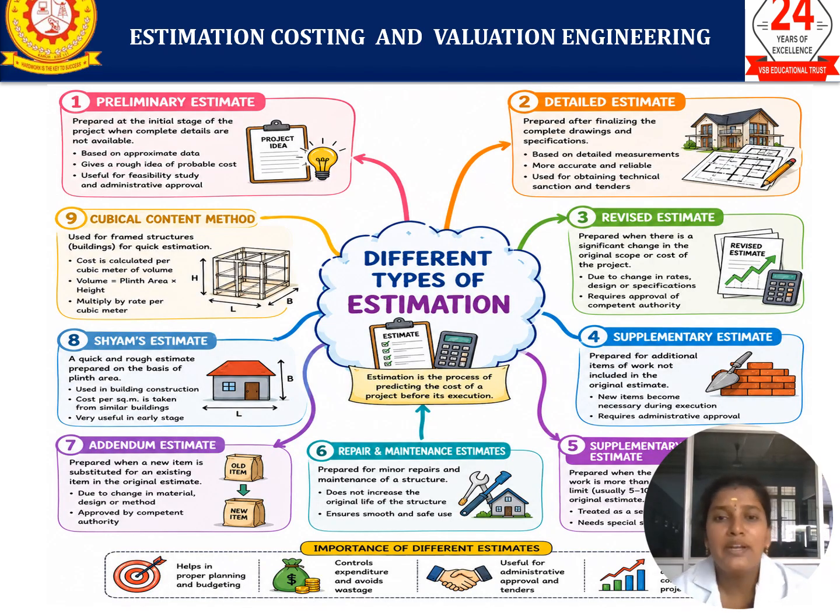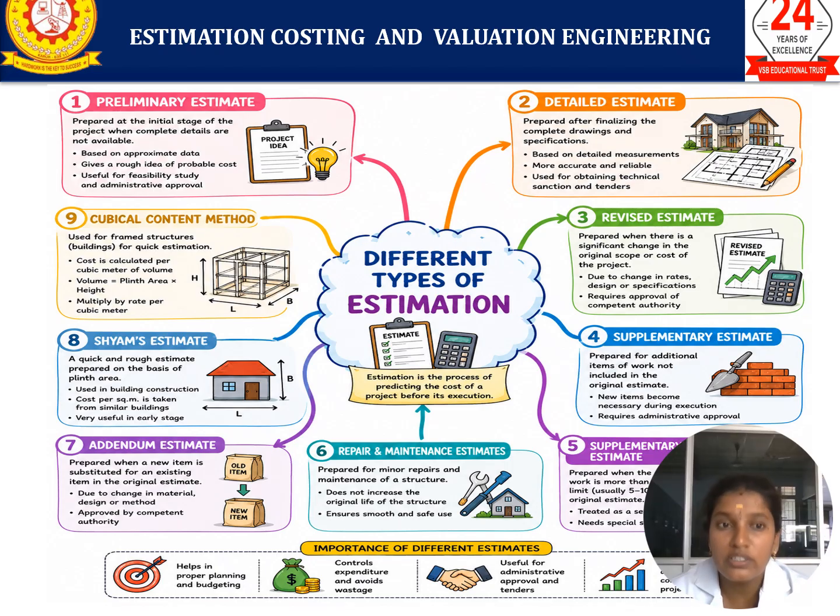First one is the preliminary estimate. The preliminary estimate is prepared at the initial stage of the project. While starting the project, at the initial stage, it gives approximate data and an approximate rate for constructing a building.